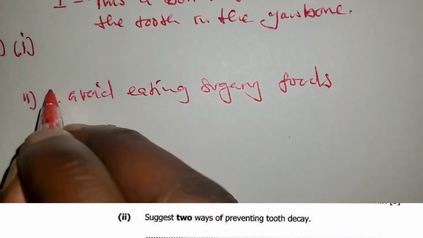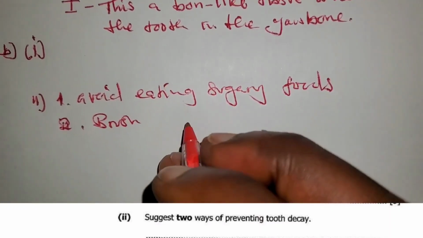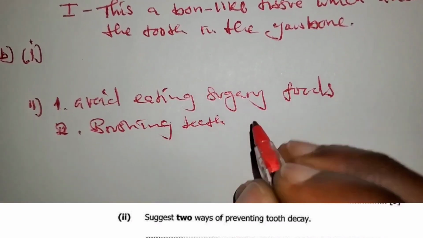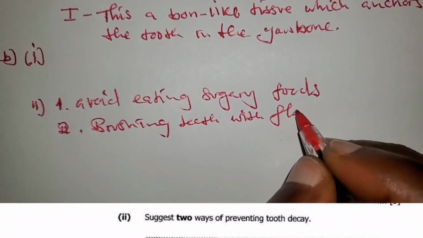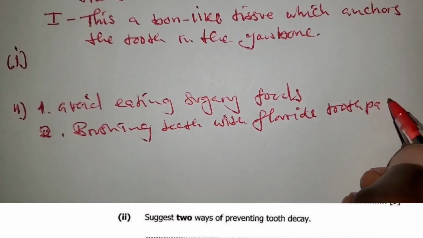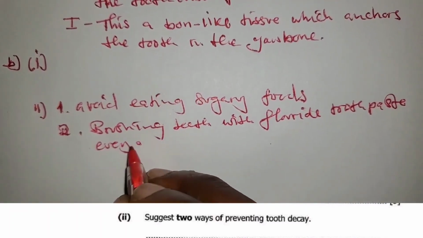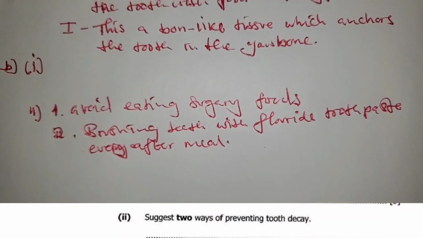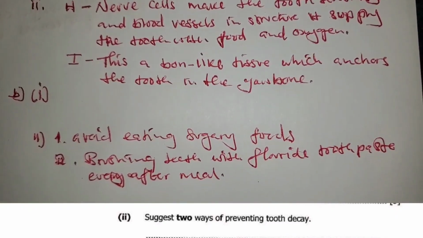Number 2, you can say, by brushing teeth with fluoride toothpaste after every meal. Okay. That's what this question was. Let's go to the next.